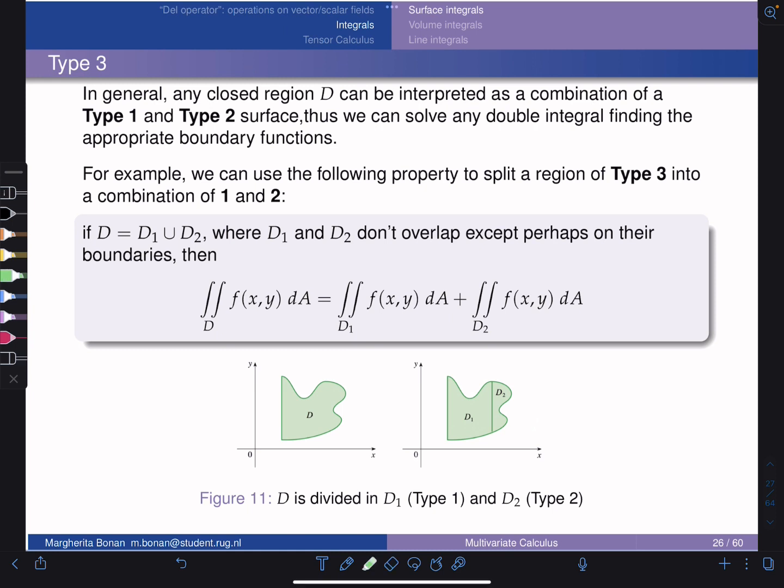Here, for example, in the picture, we see that this region of type 3 can be divided into type 1, because here we impose the limit here and the boundaries are only dependent on x, and here instead the region of type 2 has boundaries that are only dependent on y.